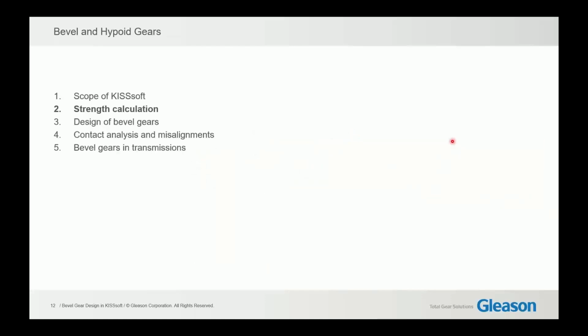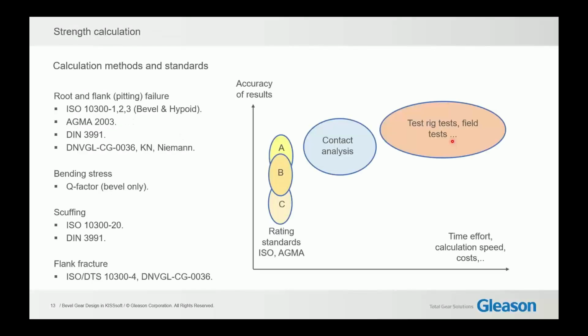Now I would like to continue with details in strength calculation. In KISSsoft, the standards are implemented as shown here, and I would like to comment a bit about the typical process we recommend.